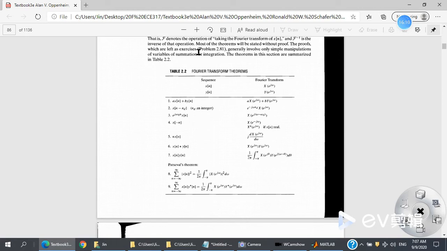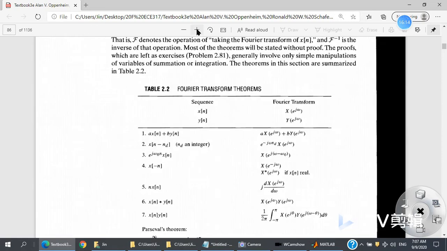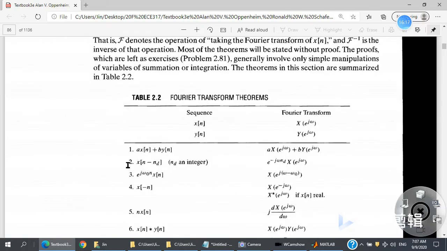Make it large. x of n minus nd is a shifted signal of x. Then its Fourier transform is capital X times e to the negative j omega nd. So here is a negative nd, and here you have a negative nd times this j omega.